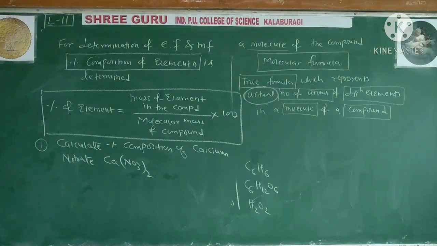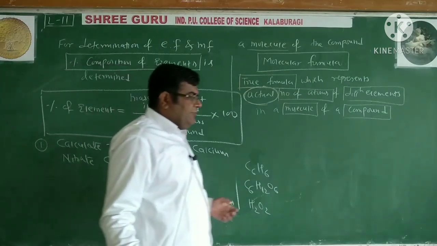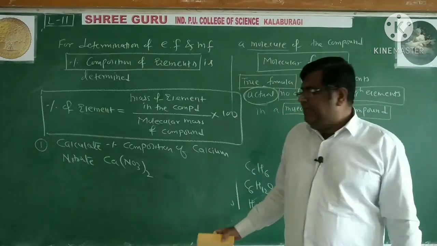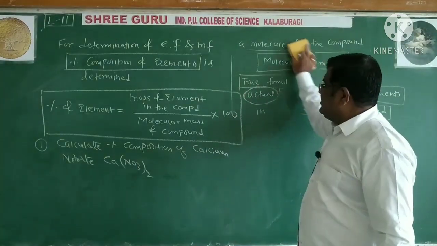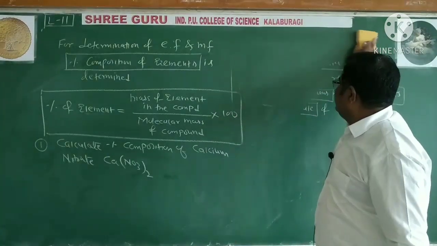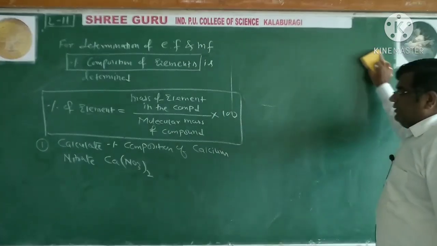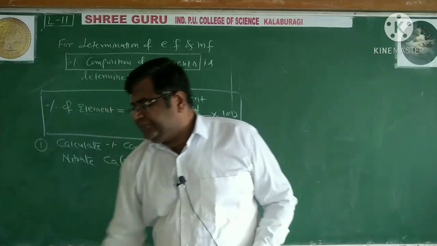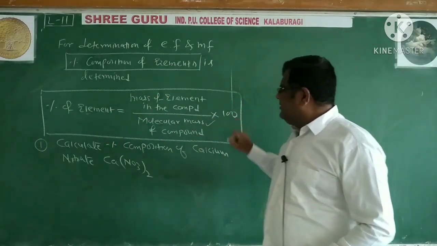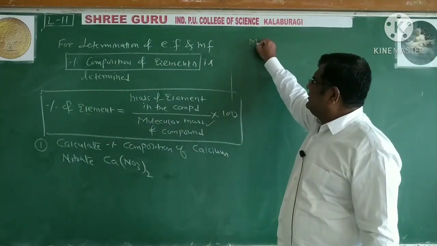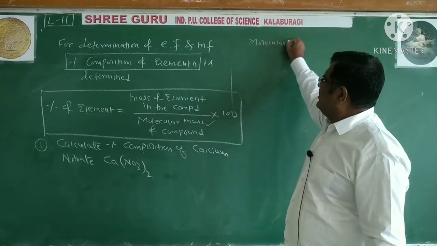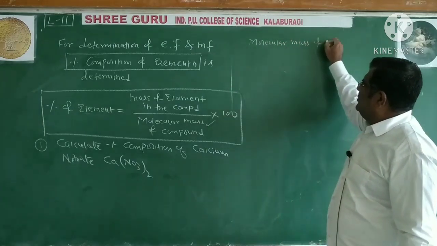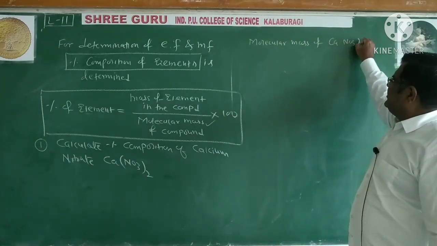And we have to calculate the percentage composition of every element. Three elements are there. One is calcium, another is nitrogen, and third is oxygen. So first we will determine the molecular mass of calcium nitrate.